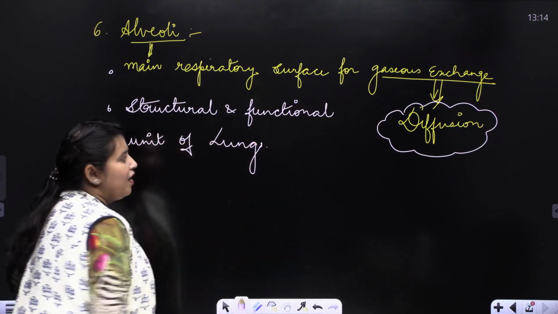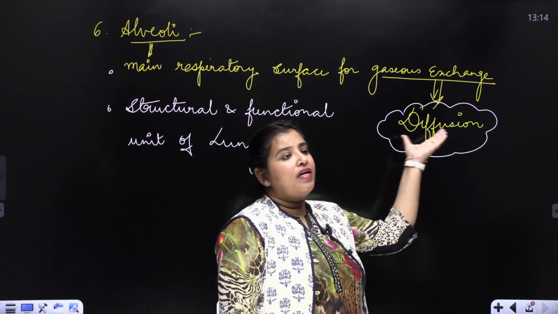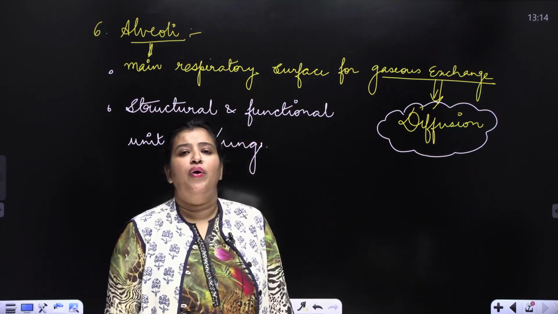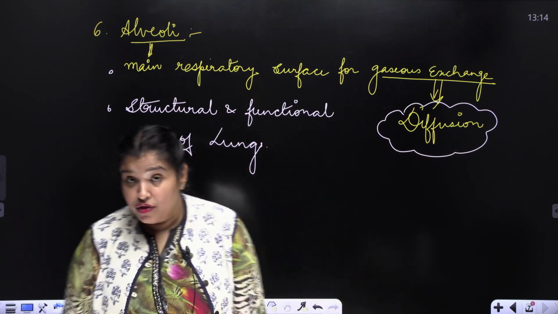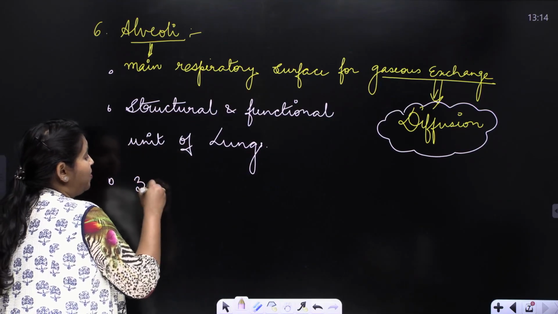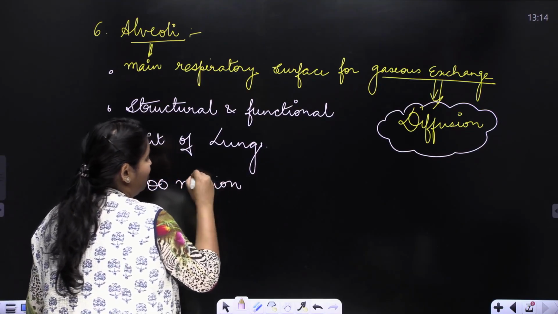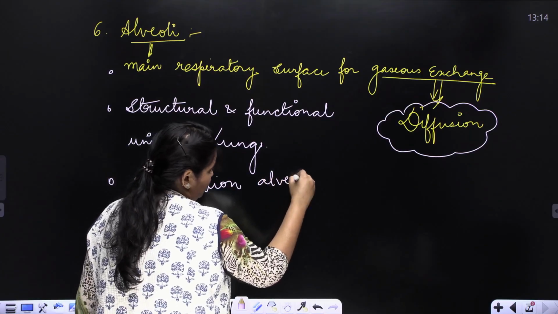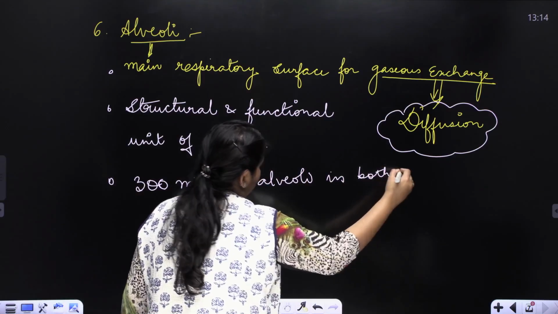So alveoli are the structural and functional unit of lungs where the gaseous exchange is going to take place. Am I clear with here? Now in total, if I say collectively in both our lungs, we have about 300 million alveoli in both the lungs.